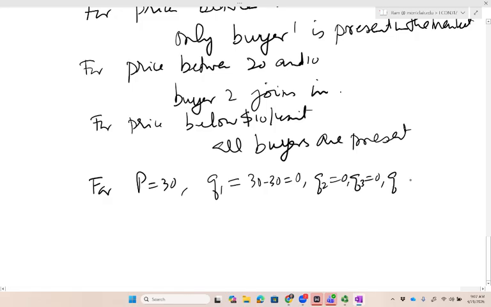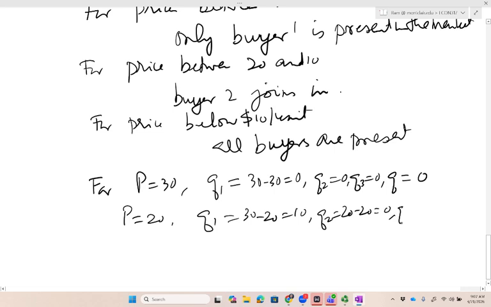So the market demand, sum of these three, 0 plus 0 plus 0 is 0. Price equal to 20. Buyer 1, 30 minus 20, buys 10 units. Buyer 2, 20 minus 20, 0. And buyer 3 is not there. So the quantity bought by all three taken together is 10 plus 0 plus 0, 10 units.